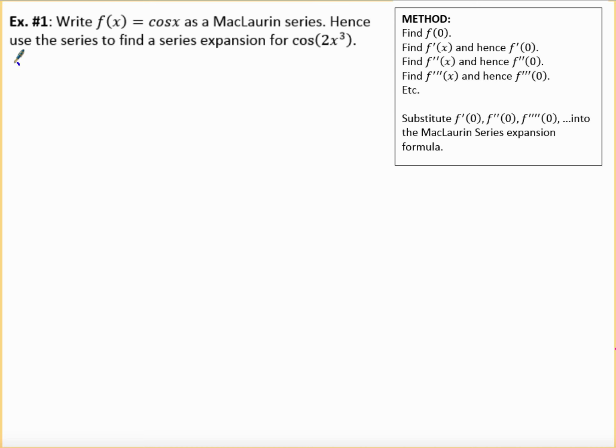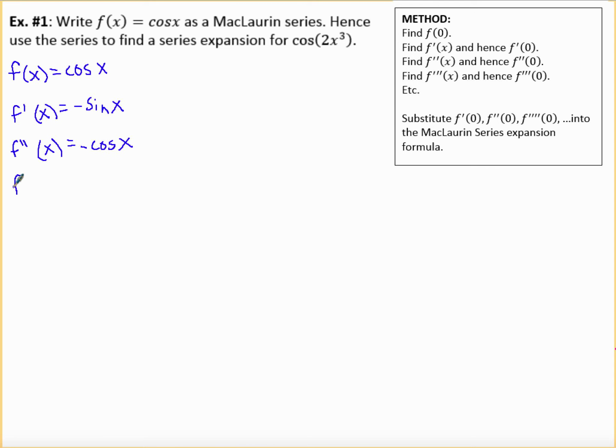So we're starting with f of x. So f of x is equal to the cosine of x. Now f prime, we did this in our warm-up. The derivative of cosine is negative sine. The second derivative, well, we'll just take the derivative of negative sine of x, which is negative cosine of x.